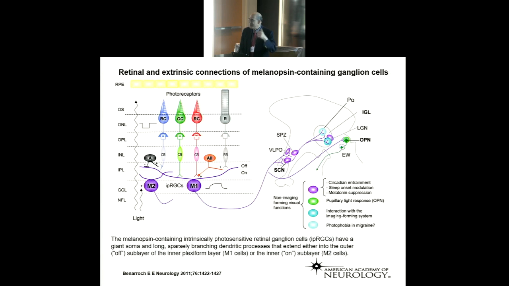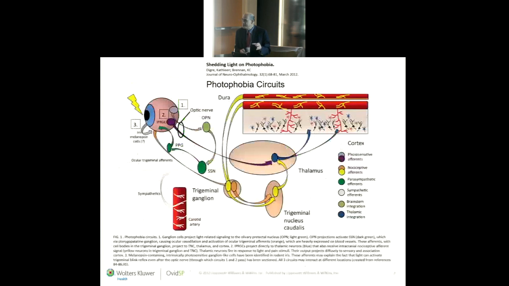But interestingly, they are also connected into the thalamus and to parts of the brain that are relevant to sensation and pain. And this is now a possible way in which people can have photophobia, where this information from the melanopsin-containing cells can get into the trigeminal ganglion that has sensory function, can get into the thalamus where there are sensory receptors, and it can interact in the dura.